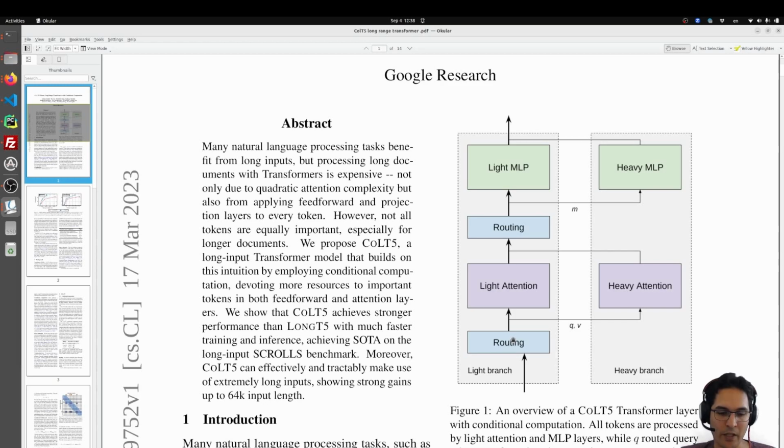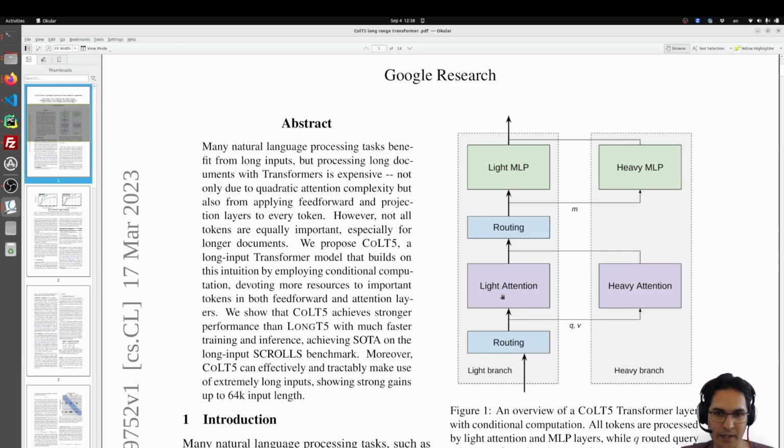Still, for applying the attention and MLP we have a problem because the complexity increases quadratically. That's why they implemented a routing mechanism. If you have 64K input, you route some of those parts, maybe around 500 of them, to a heavy attention, and the rest can go to the light attention.